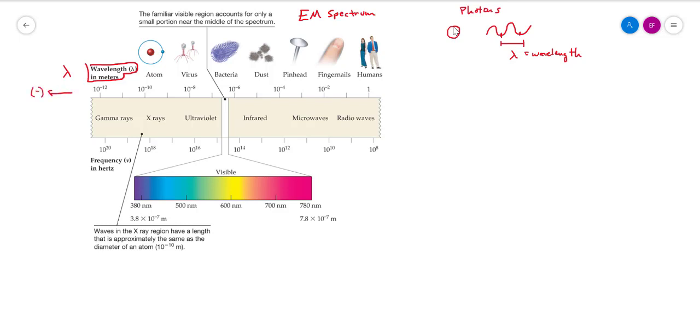So really, really small wavelengths. And then this is getting larger in this direction. So wavelength goes up if we go in this direction. So the waves of photons in this case can be broken down into the sort of general regions that we're used to. So we'll start there.